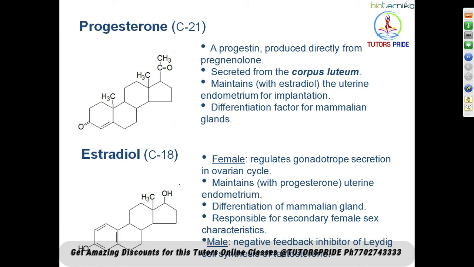In the female, estradiol regulates gonadotroph secretion in the ovarian cycle, and it maintains the uterine endometrium, as I told you before. It also drives differentiation of the mammary gland. If estradiol is more, mammary glands develop, as in females.